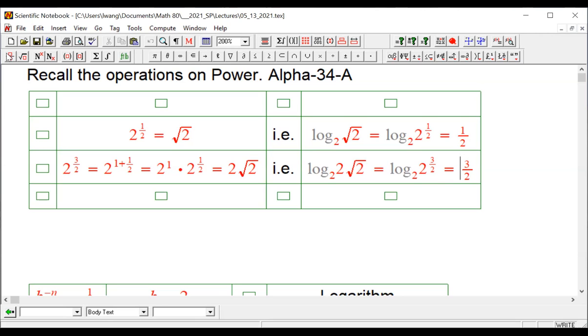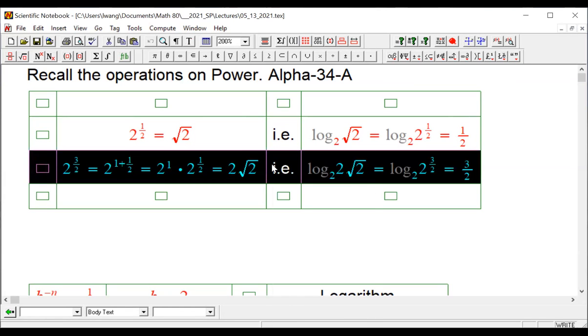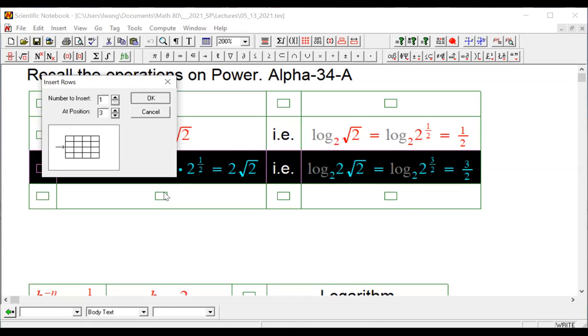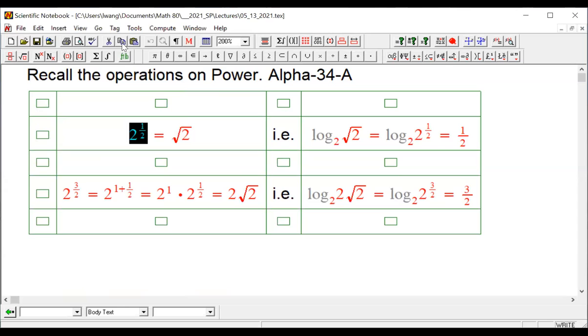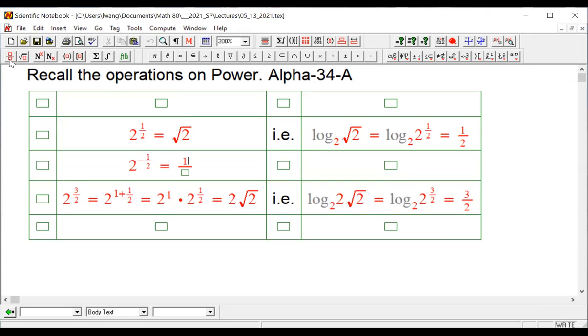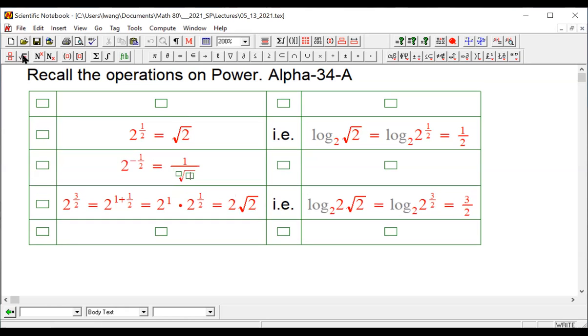Okay, so how about some negative powers? For example, I'm gonna insert another row. How about 2 to the negative power of half? Just put a negative sign there. And that would be 1 over square root of 2.